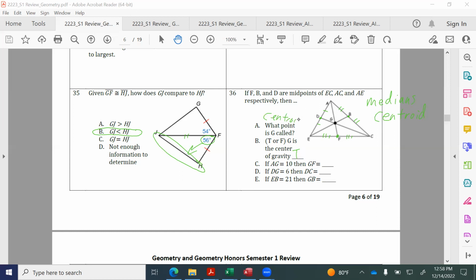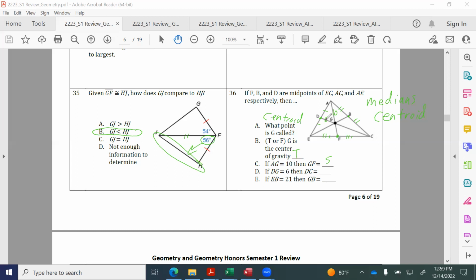All right, for C, we have AG is 10. If that piece is 10, what is FG? 5. Again, this is 2/3 the overall length, this is 1/3 the overall length. All right. DG is 6.